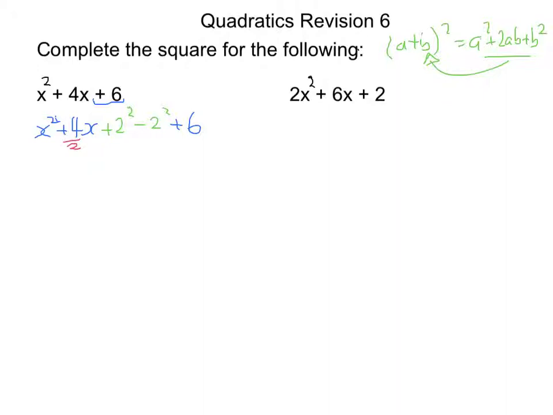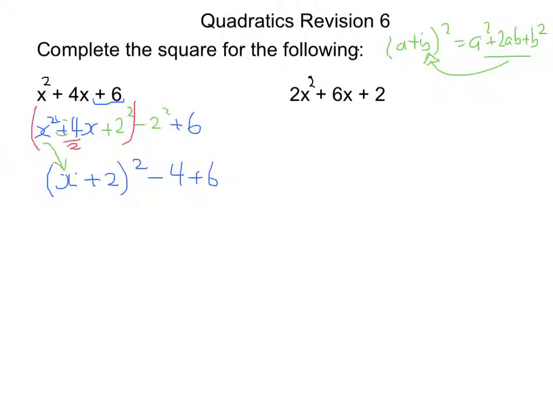Next, what I want to do is take the first three terms here, and they become our bracket for the perfect square. So we have x plus 2 squared, take away 2 squared is 4, and plus 6. Where everything has come from is that we bring the x term down from there.